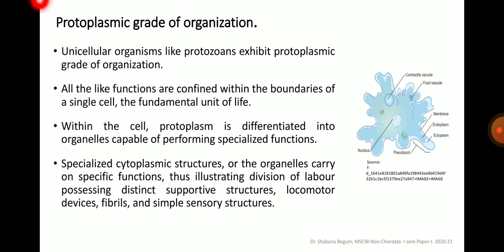For example, amoeba, the simplest protozoan, has a single cell in its body with contractile vacuoles for osmoregulation, food vacuoles for nutritive function, and the nucleus for reproductive function.